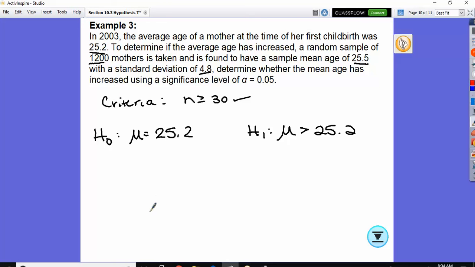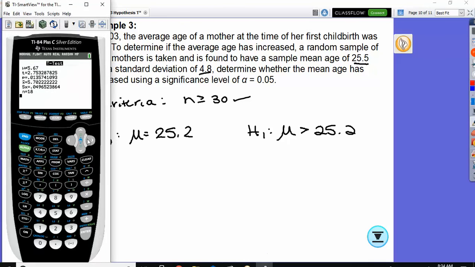Okay, let's just do this on the calculator because we know that's the most accurate way anyway. I don't have actual data, so we're going to stat test number 2, a t-test, but this will be based off stats. I don't have the 1,200 random numbers that I got. So the mean of the null was 25.2. My x bar, the mean of my sample, was 25.5. Standard deviation of the sample was 4.8.